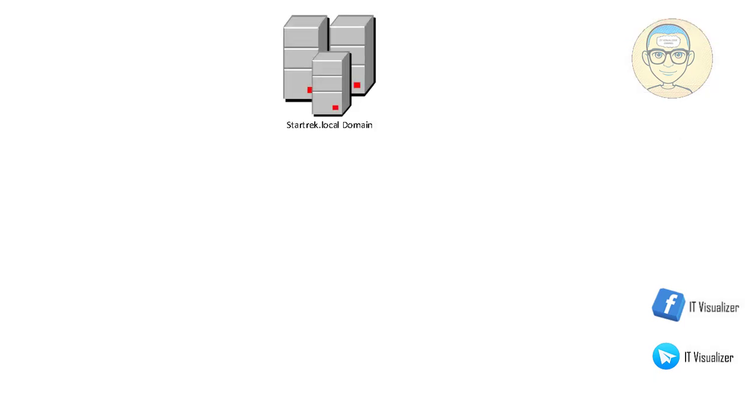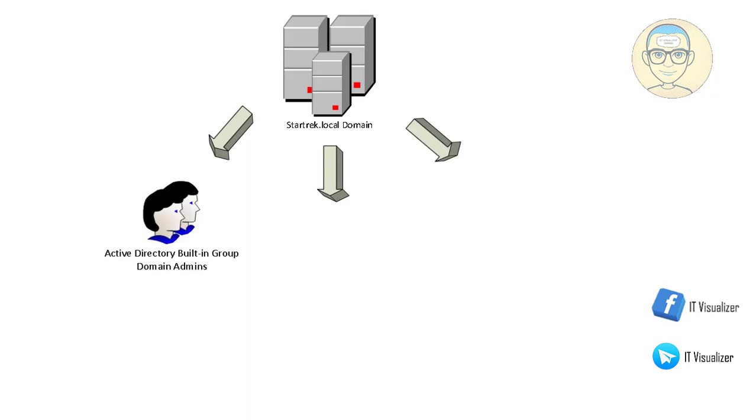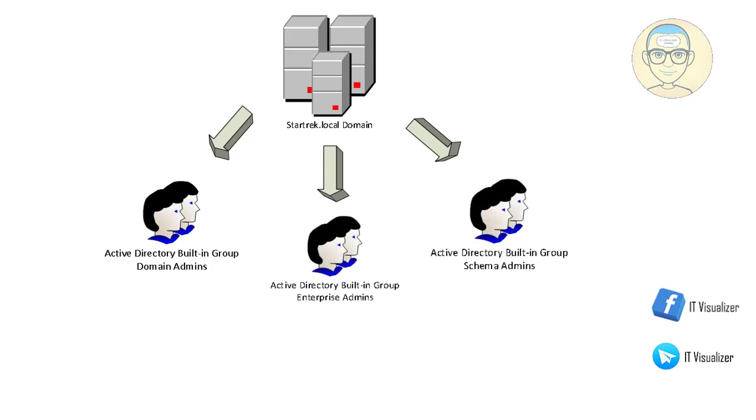So here we can see that this is our domain, but it's not startrek.local, it is patient0.internal. When you install the Active Directory, we have three built-in groups. They are created by default when you install the Active Directory. One of them is the domain admins, and then the enterprise admins and the schema admins. Here we will have the IT group, or we can consider it patient 0 or patient 0 Neuralink.